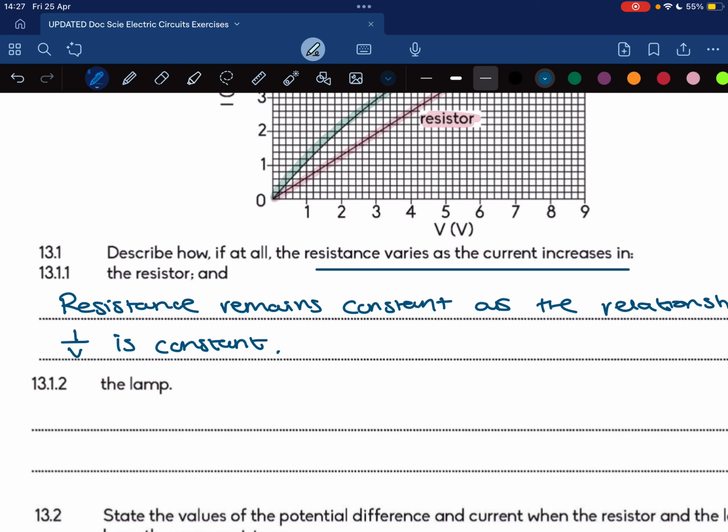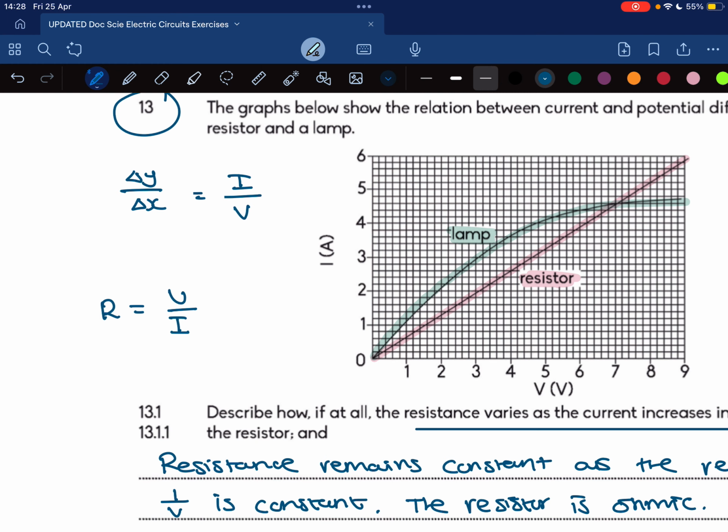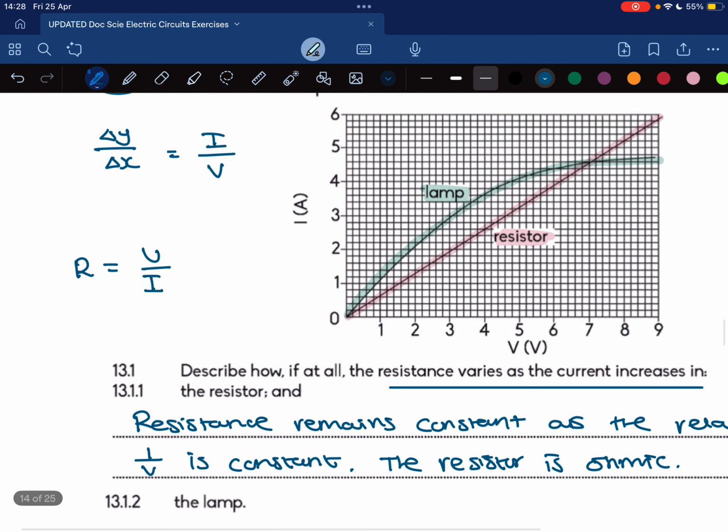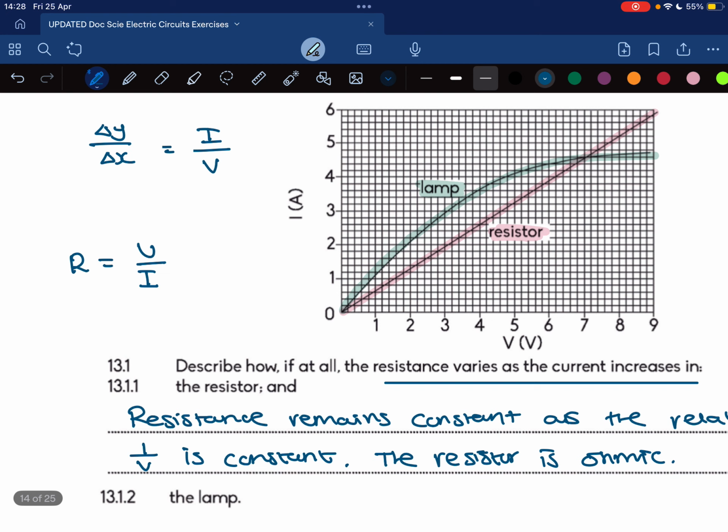But in this case, if we look, the delta Y over delta X is I over V. So in this particular case, it's been reversed.